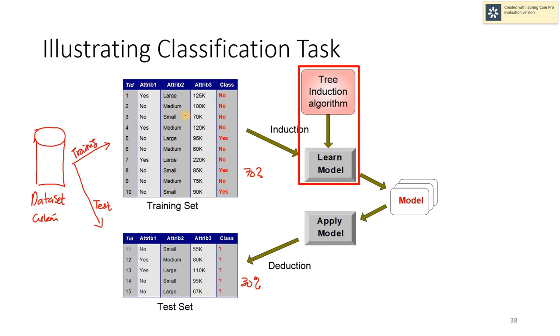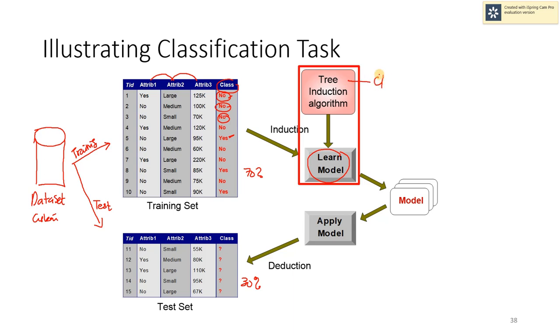In your training set, you have here 3 attributes: attribute 1, attribute 2, attribute 3, and the class. The class is yes or no. From these 3 attributes, we want to see whether they will impact our class, whether it is yes or no. Based on your training set, it will be input to the learning model, and for this learning model we are using tree induction.